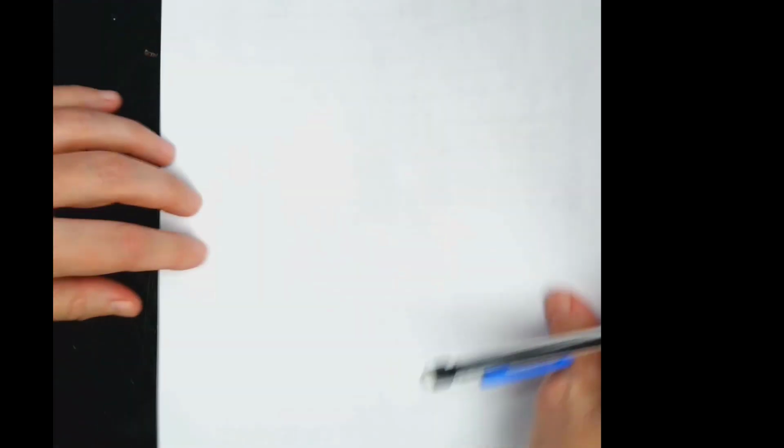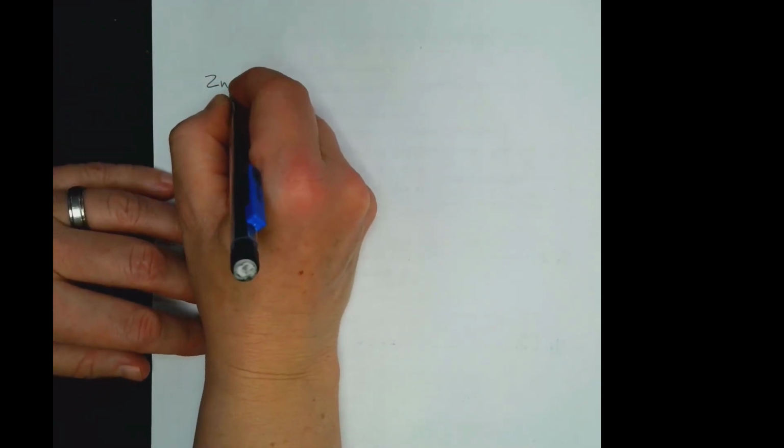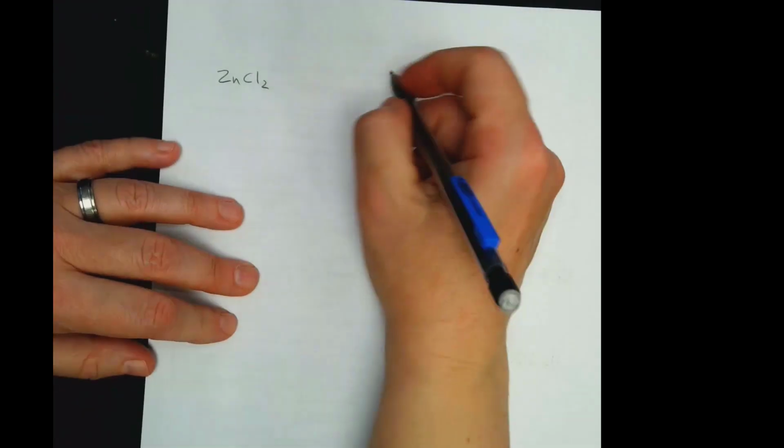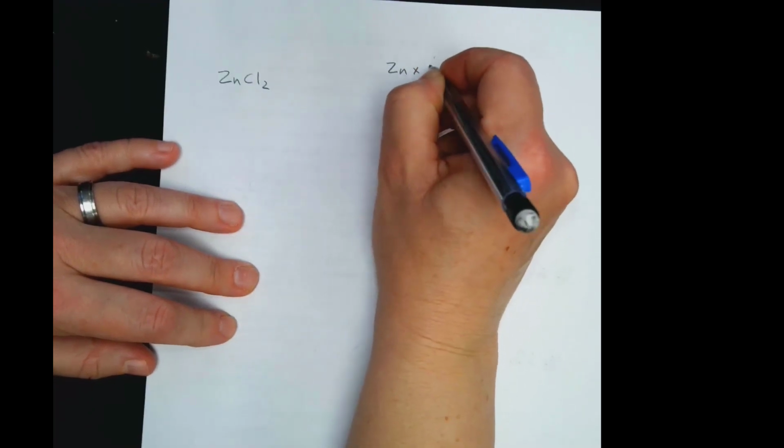So let's go back to our piece of paper. I'm going to flip it over and we'll work on this side. And we have the chemical formula ZnCl2. Okay, so we have zinc over here. We have 1 zinc.